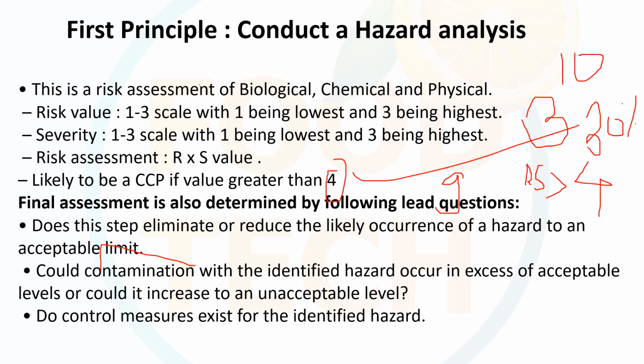If the accepted contamination level is 20%, but here we are getting 30% stones, this is unacceptable. In case we get only 5%, this cannot be considered contamination, it is accepted. So you can know about the acceptable and unacceptable levels or limits.